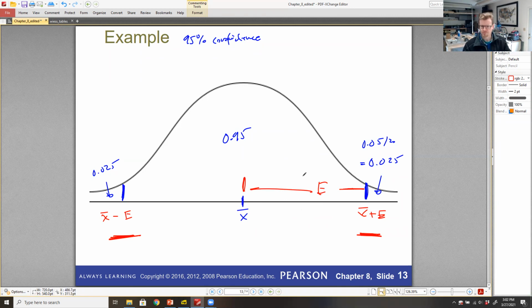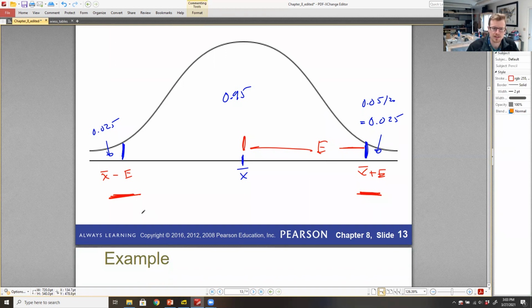That's what we want to find, and E is called the margin of error. We'll look at that a little later, and it changes based on our confidence level.